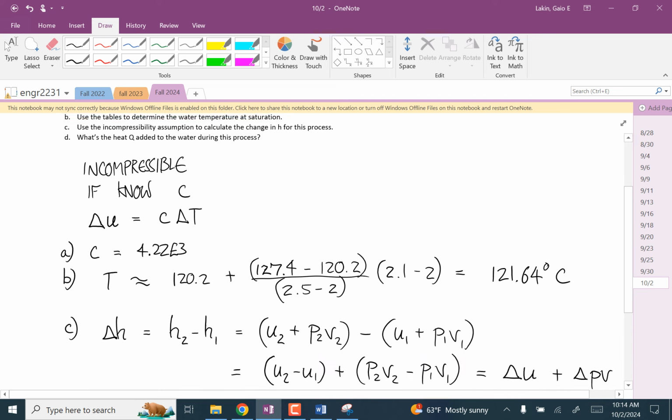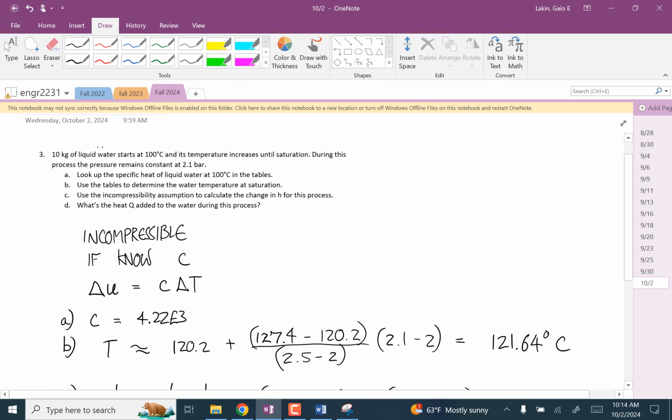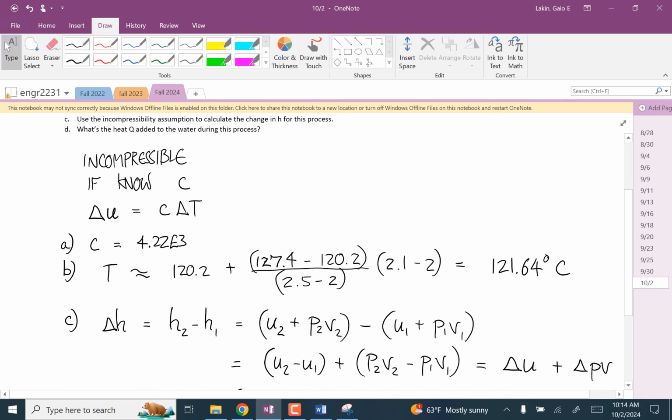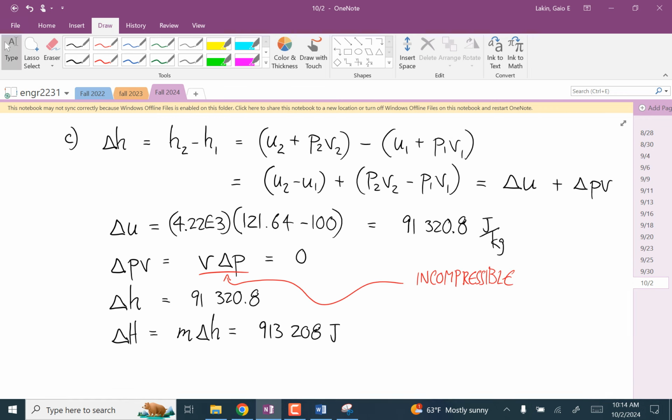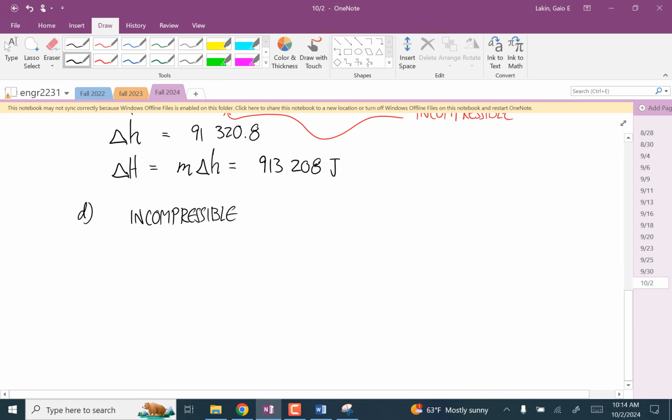Okay, what's the Q added to the water during this process? We're assuming that this is incompressible, and so the volume is constant.